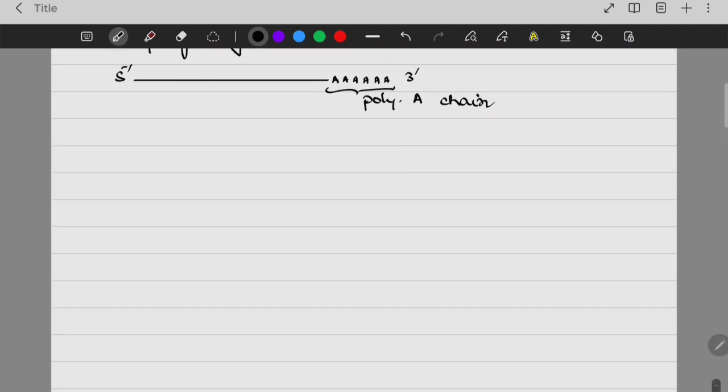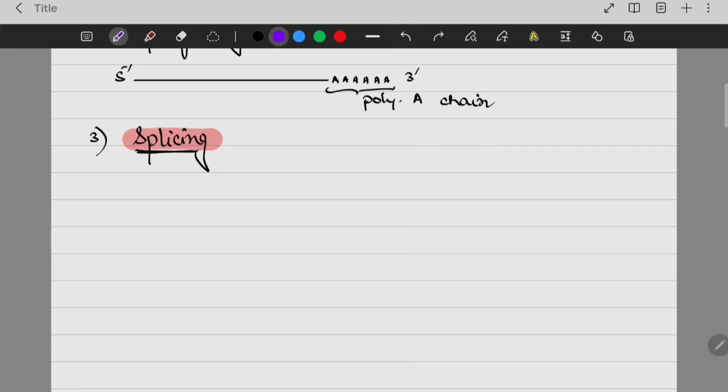And the third one is splicing. Now this is an important point which we have to focus on. Remember this point. In splicing, there is joining of the two exons with each other and removal of the introns. Now what are exons and introns?